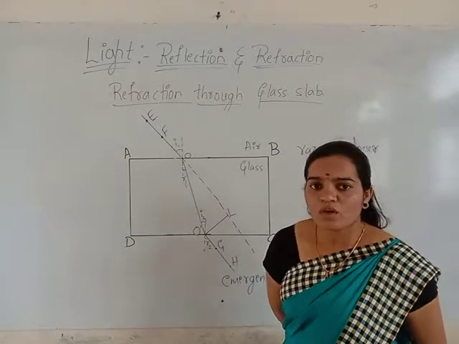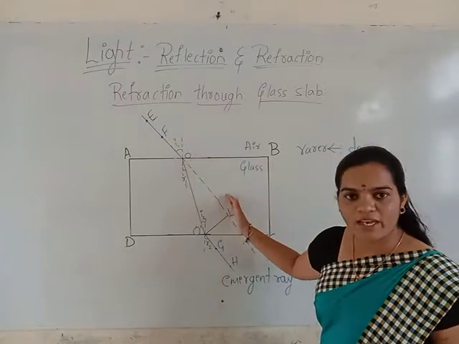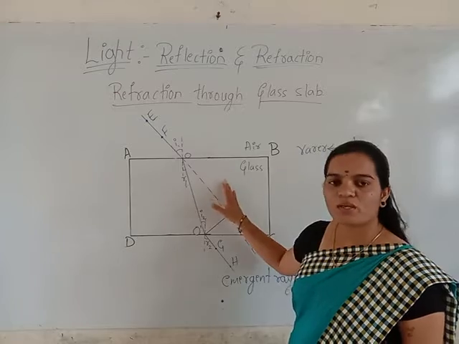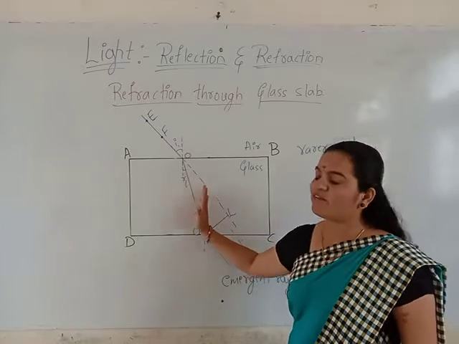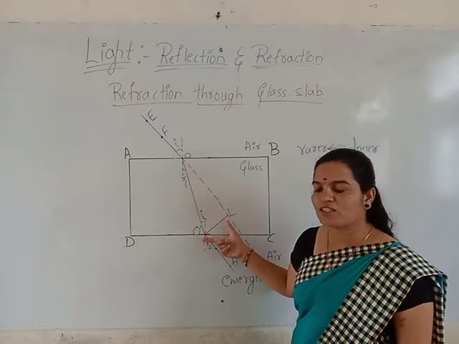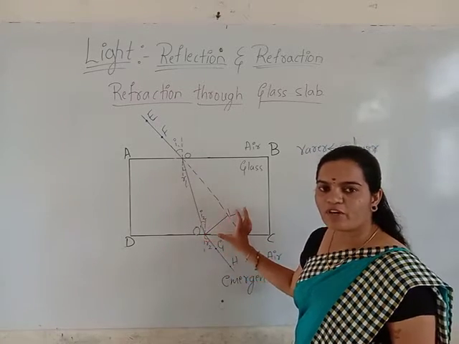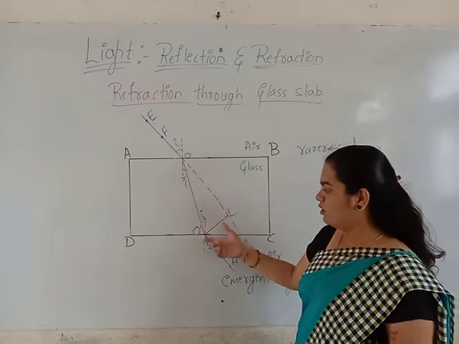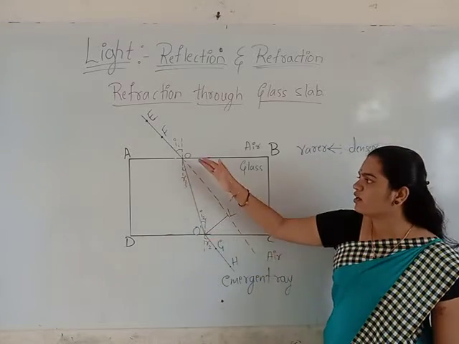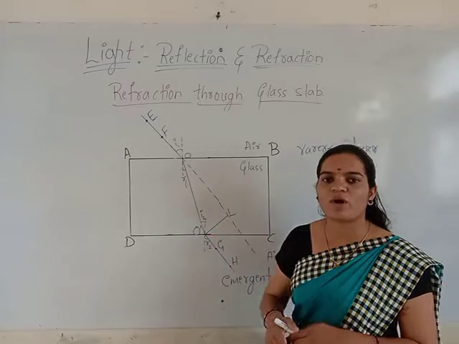Then, this was the original path of the incident ray where it was supposed to travel, but it has refracted this much. The perpendicular distance from this O dash to the straight line, if you are drawing from the point O dash to the dotted line, this distance is called what?